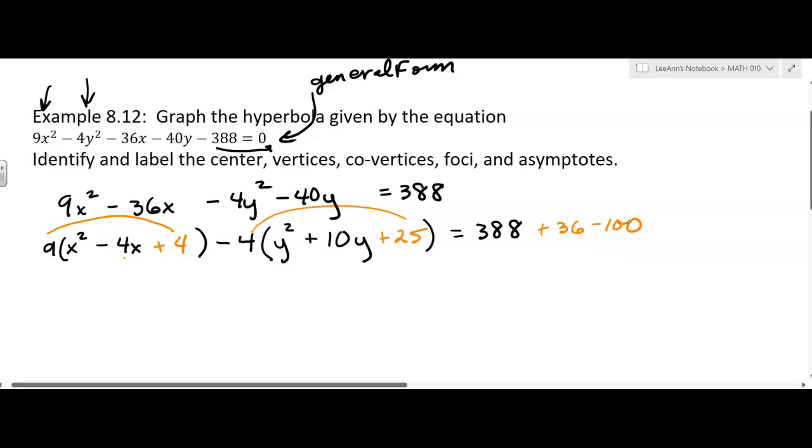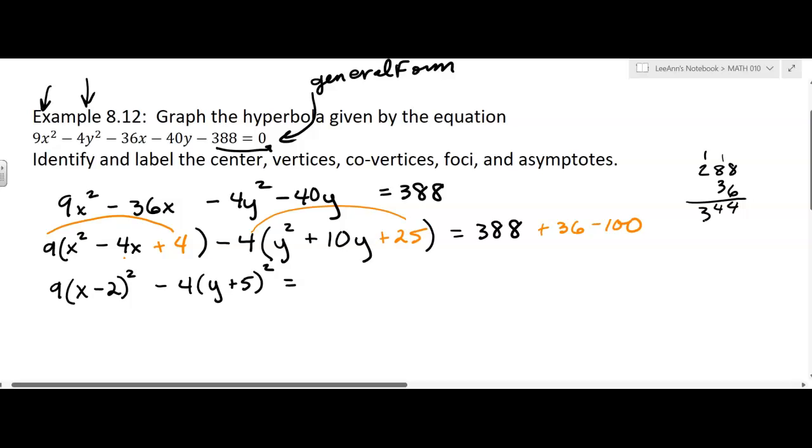Okay, so now what does my equation look like? I've got 9 times x minus 2 squared minus 4 times y plus 5 squared equals, and then what do I get? 288 plus 36, which is 344.